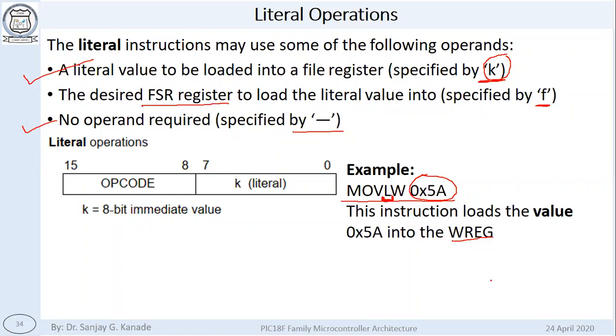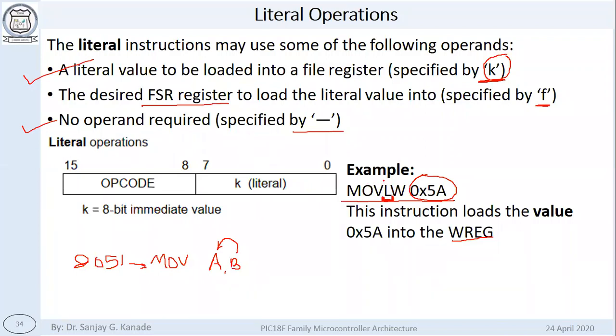So in 8051, when we had the instruction MOV A comma B, what was happening was the value of B was getting loaded into A. This was in the case of 8051. However, in PIC18F, the sequence is straightforward.